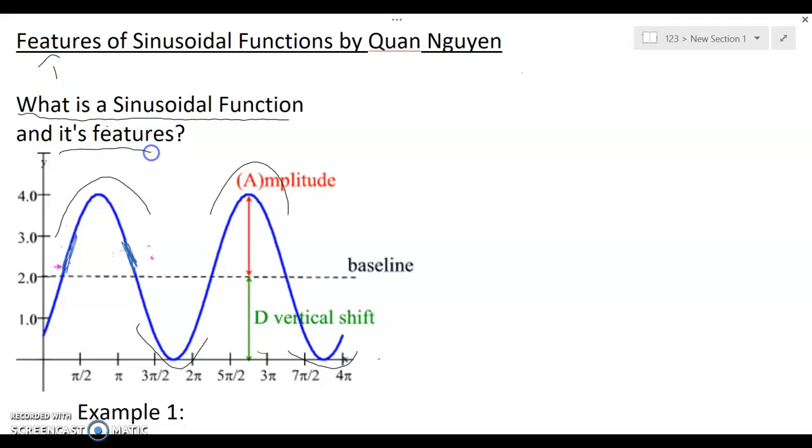So what are the features that are included? The very first feature is the midline, which is right here. The midline is the very middle line between the maximum value, right here, and the minimum value, right here.